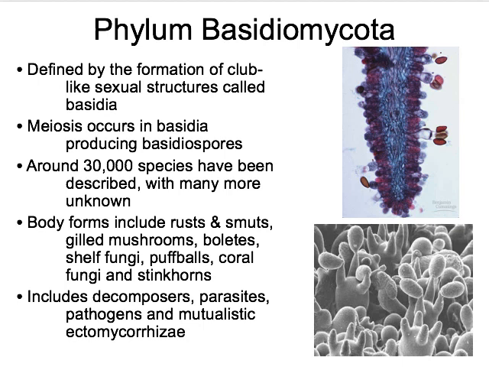Around 30,000 species have been described, with many more unknown. Body forms of this phylum include rusts and smuts, gilled mushrooms, boletes, shelf fungus, puffballs, coral fungus, and stinkhorns. And the ecology includes decomposers, parasites, pathogens, and mutualistic ectomycorrhizae.